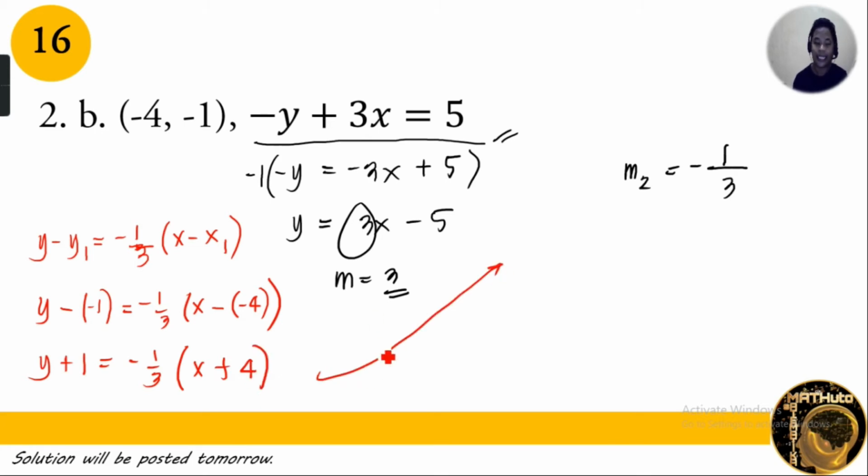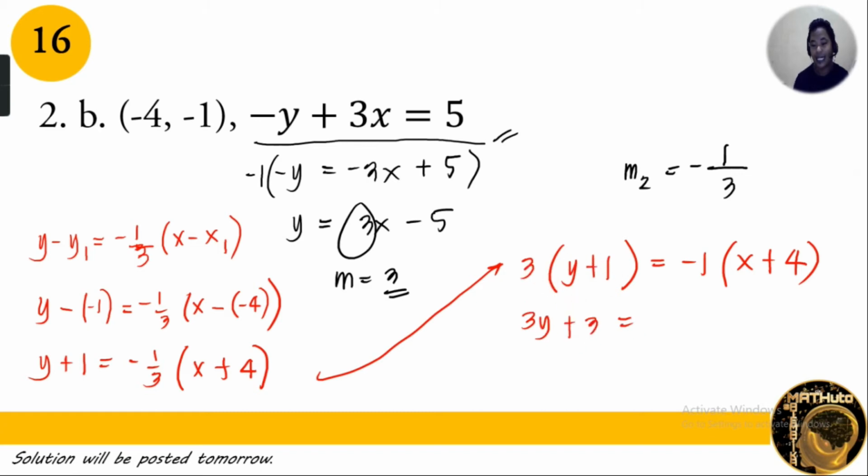Cross multiply po natin. 3 times y plus 1 is equal to negative 1 times x plus 4. Distribute po natin. 3 times y is 3y. 3 times 1 is positive 3. Negative 1 times x is negative x. Understood na po na may 1 po yan lagi ha.